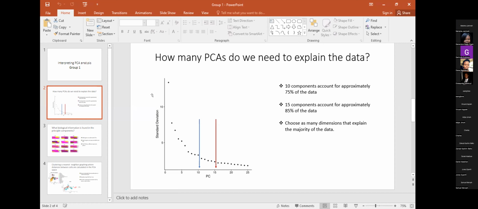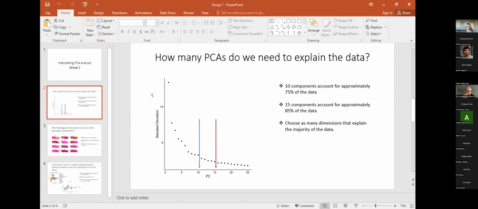Okay, so in this graph, the x-axis are the principal components, and the y-axis is the standard deviation, which is derived from the principal components analysis. For those of you who do linear algebra in your math classes, it relates to the eigenvalues of the factorization.